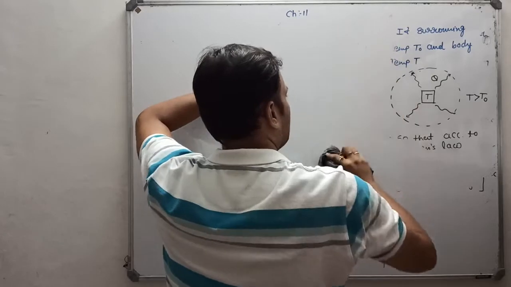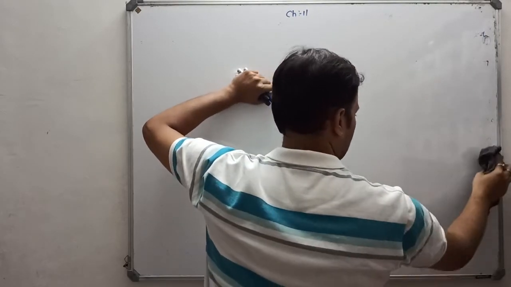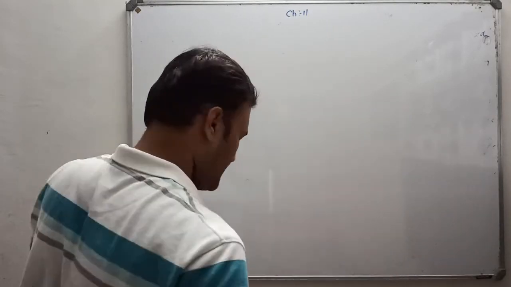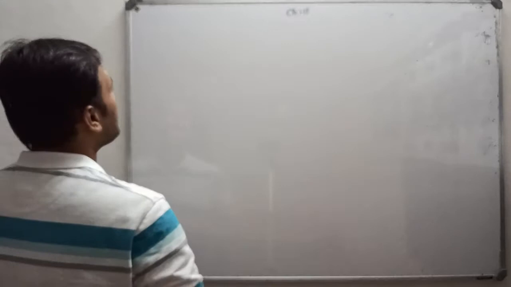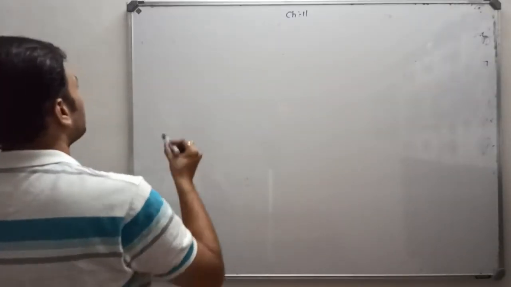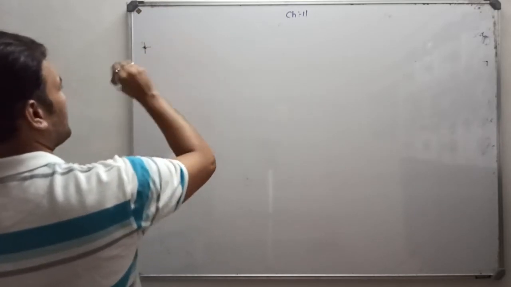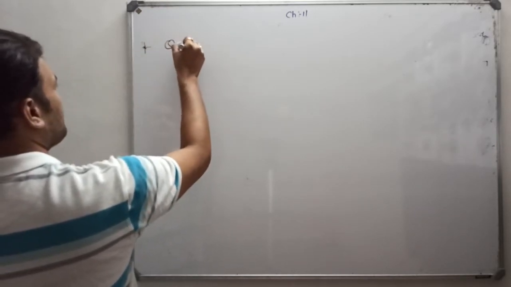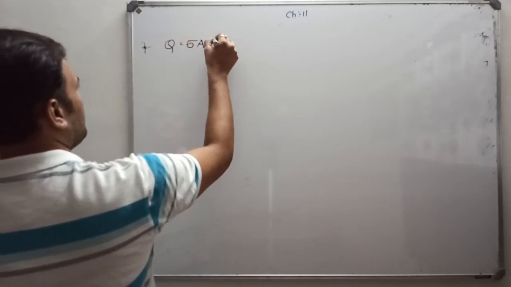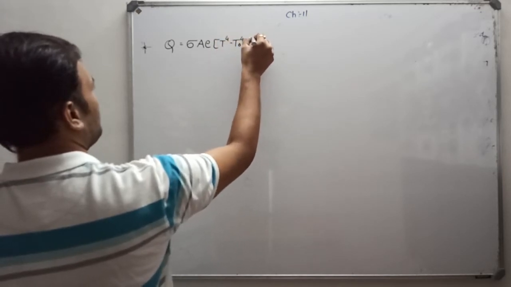Now we discuss the two conditions using Stephen's law. First condition: our equation is Q is equal to sigma A E into T raised to 4 minus T0 raised to 4 into t.